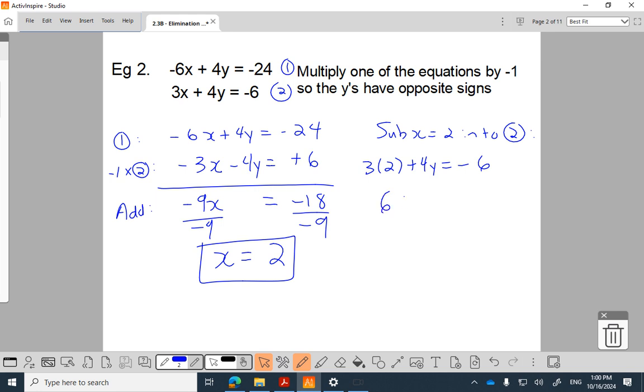What's the opposite of adding 6? Minusing 6. Negative 6 minus 6. If it's negative 6 degrees out and it goes down 6 more degrees, now what's the temperature? Negative 12. And then the opposite of multiplying by 4 is divide by 4.